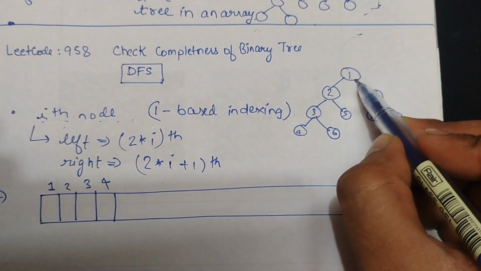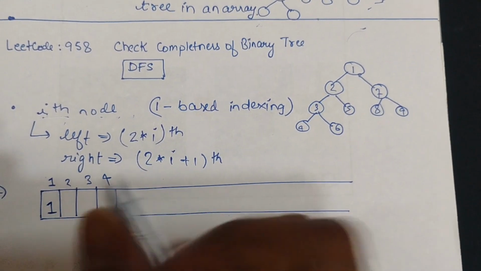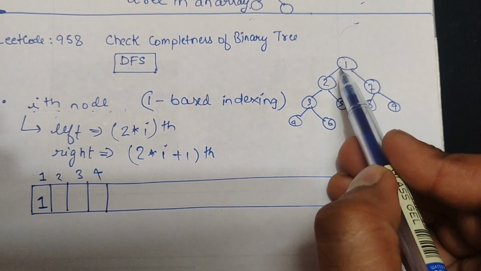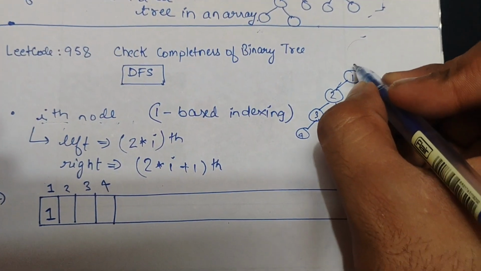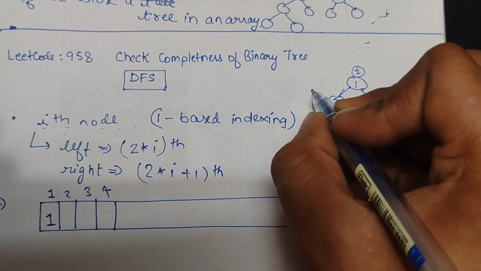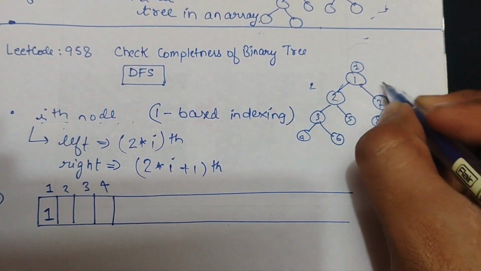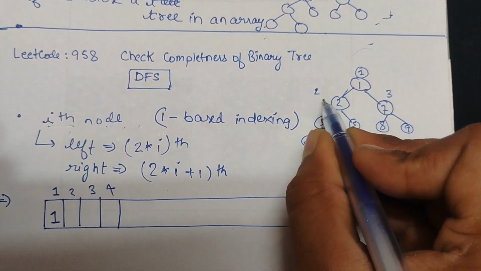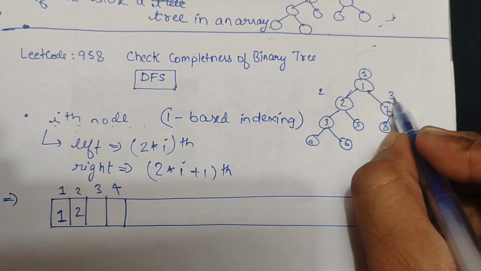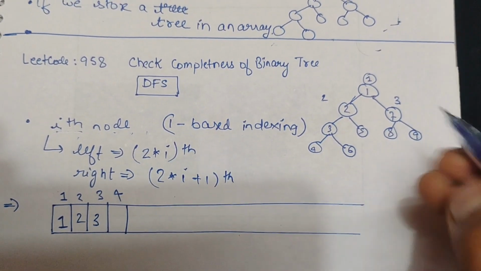I store the root node at first index 1, and now I have to store the left and right child. If it is at 1, the left would be at 2 into 1, that is 2, and the right at 2 into 1 plus 1, that is 3. I will store 2 at the second index, 7 at the third index.